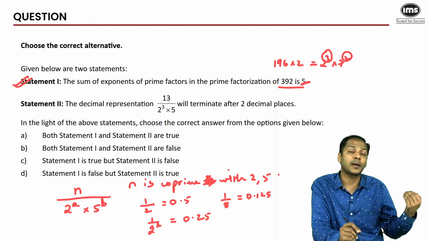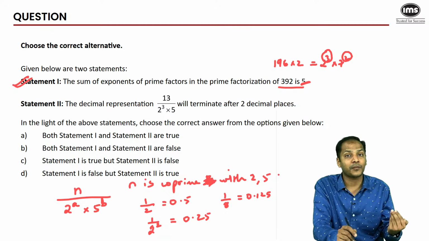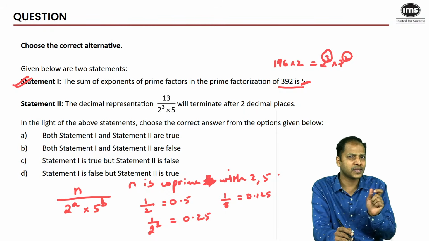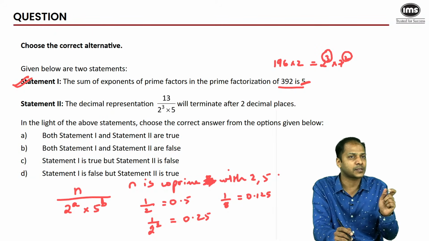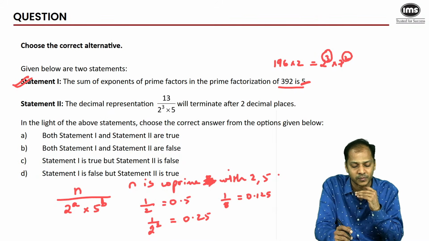Similarly, when dividing by 5, 1 by 5 is 0.2, 1 by 25 is 0.04. You get 2 places after the decimal if the denominator has 5 square. If the denominator has 5 cube, it will have 3 places.